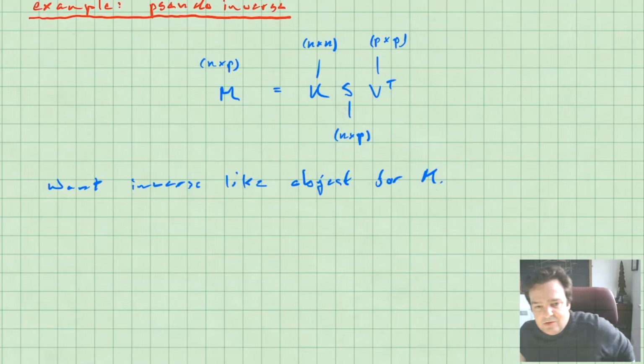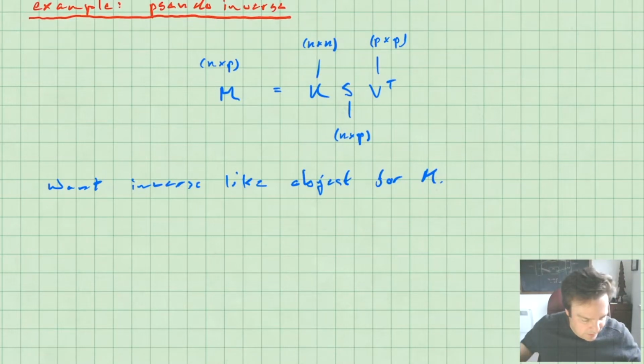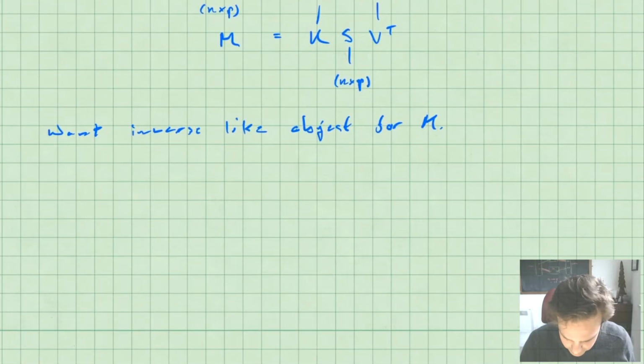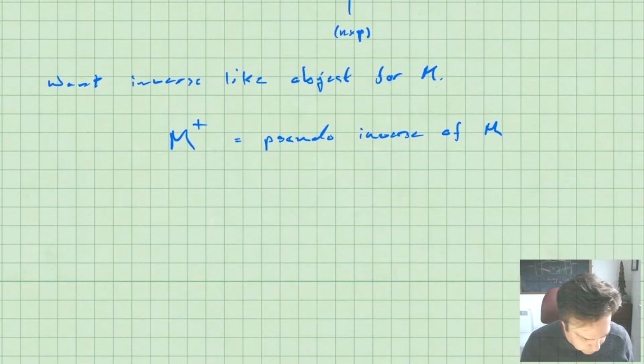And you need the matrix to be square for that to be possible. But we want to look for something that's kind of like an inverse. So let's discuss what it is we want. Let's name the notation. We'll call M with a plus over it the pseudo-inverse of M.